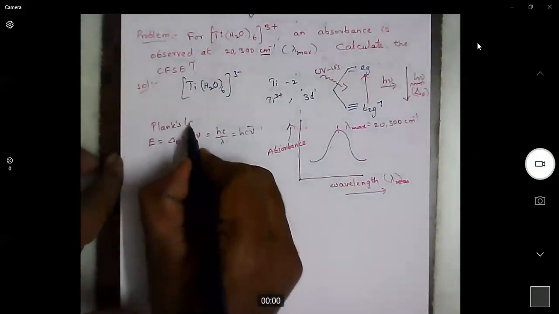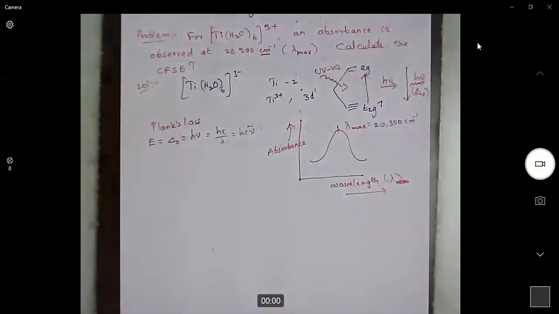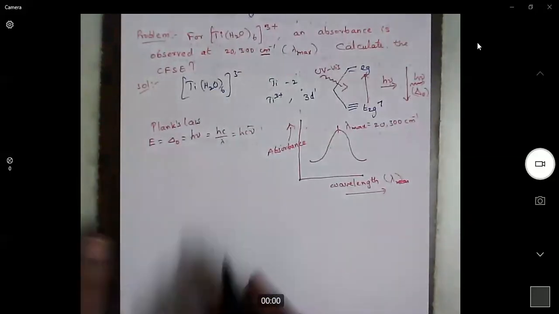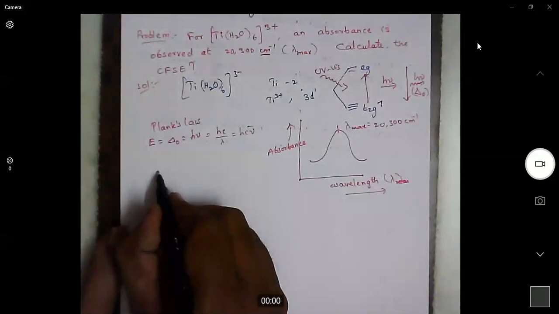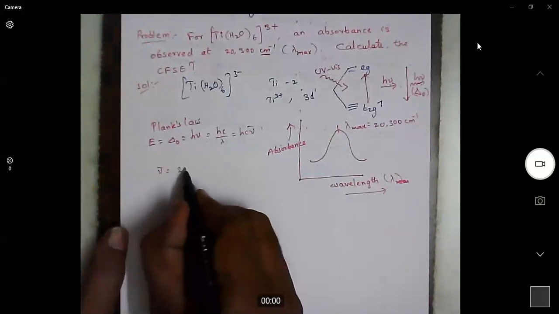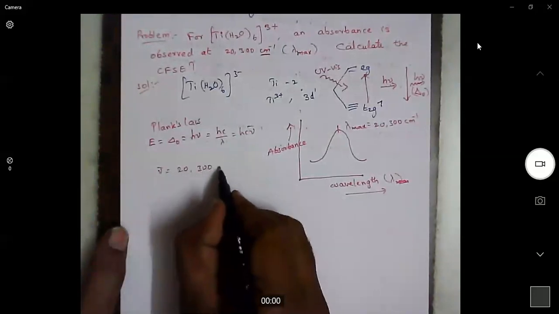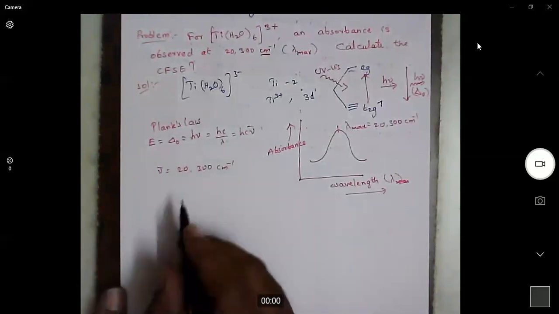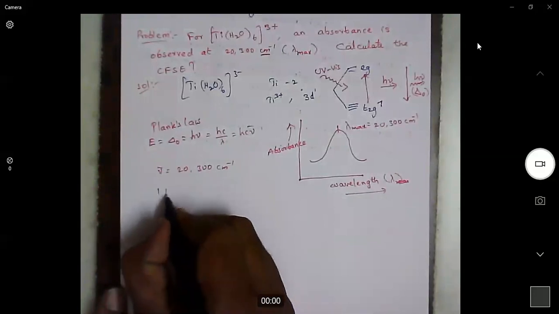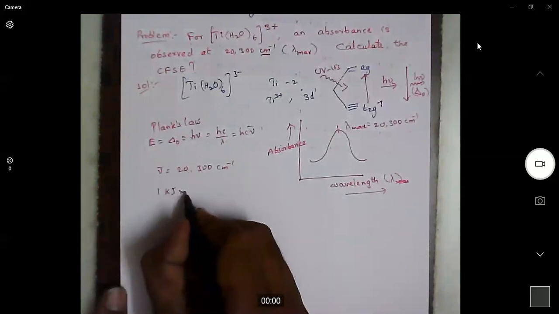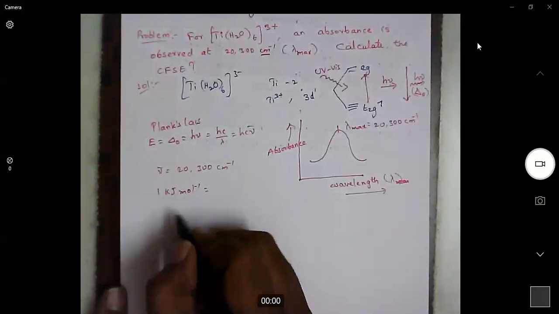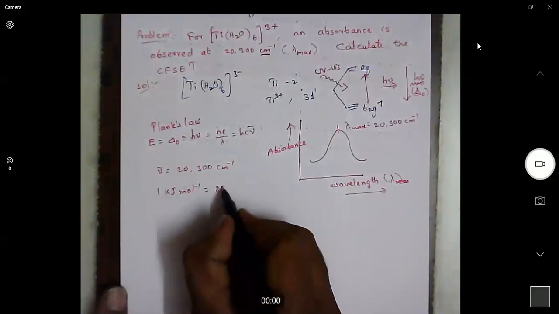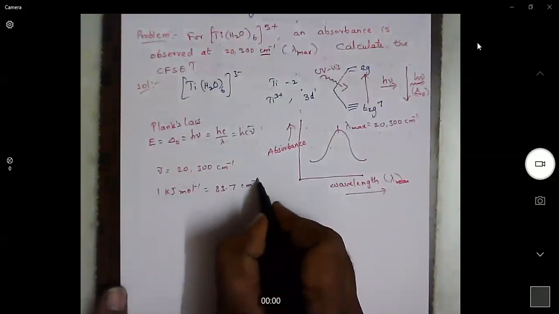Now, the energy difference is already given. What is the energy difference? The wave number is 20,300 centimeter inverse. We can use this formula, or I will give a shortcut where we can convert this centimeter inverse into kilojoules per mole. 1 kilojoule per mole is equal to 83.7 centimeter inverse.